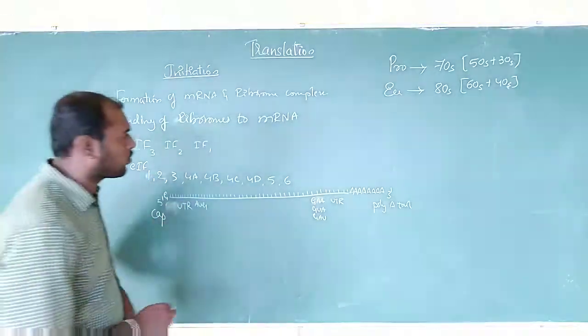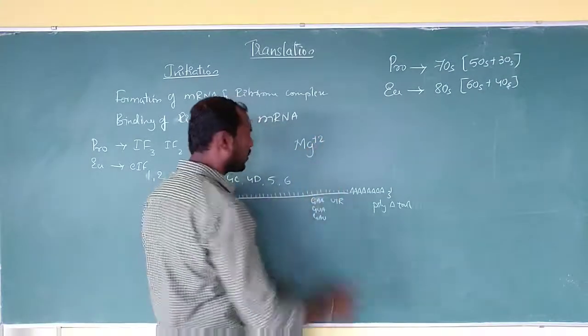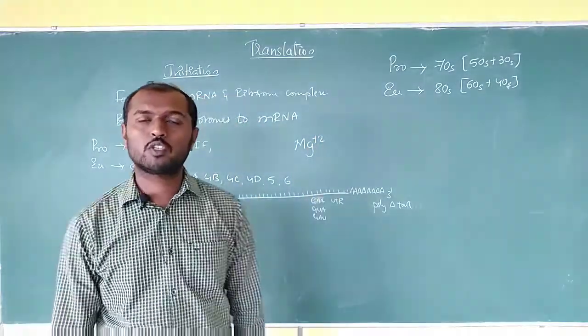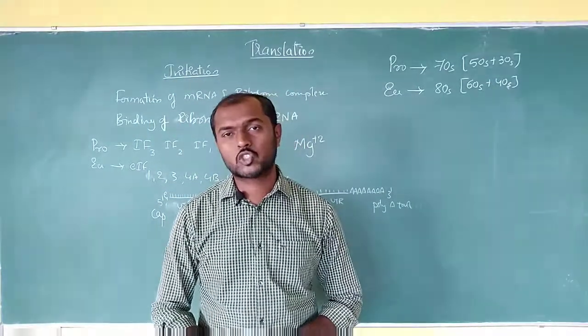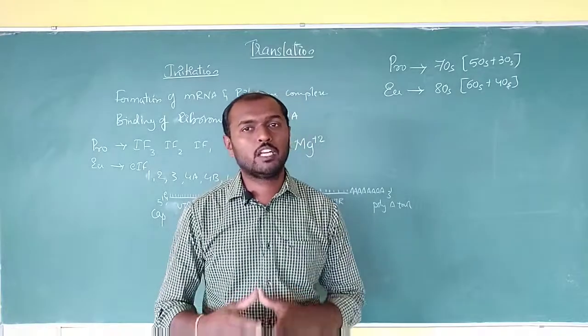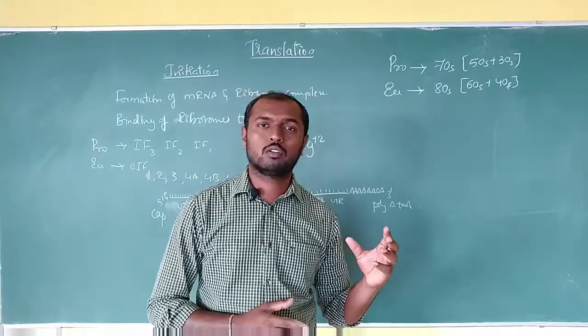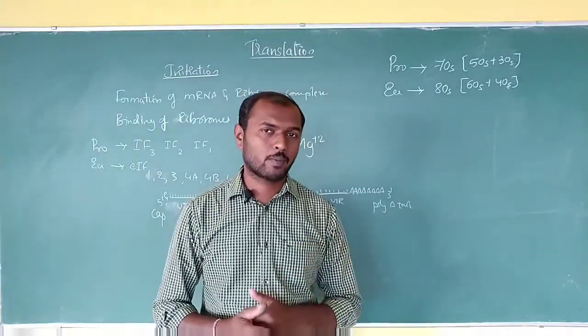With this we require a very important thing, that is Mg+2 ions. Okay, so what do we need? Mg+2 ions. And we know that amino acids are already charged. So to charge the amino acid we use ATP, and we are going to get the charged amino acid.